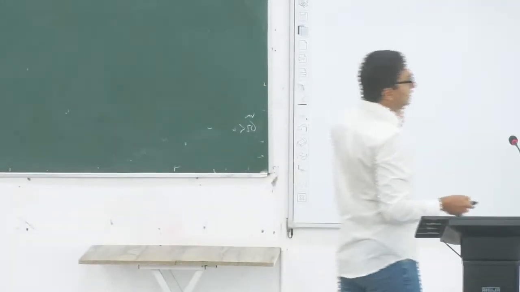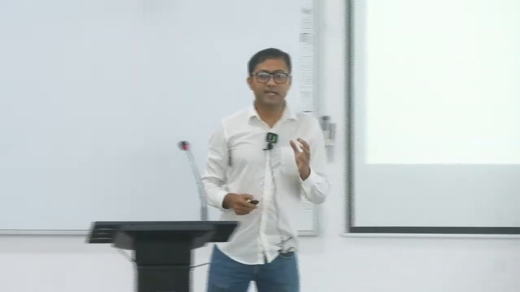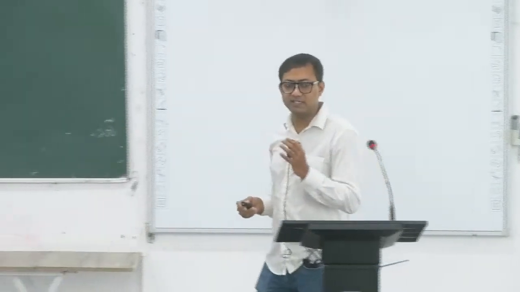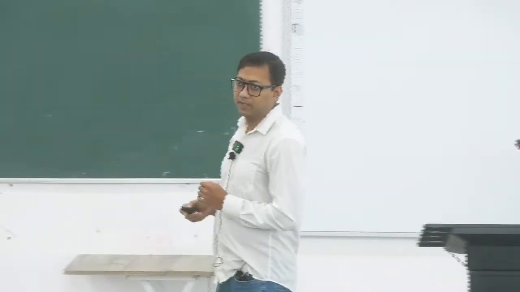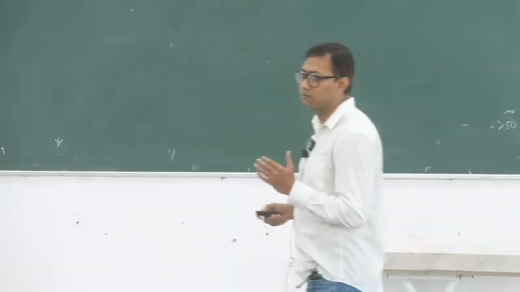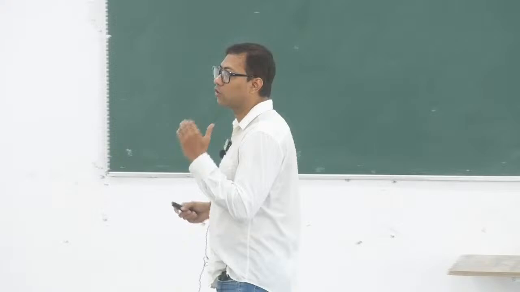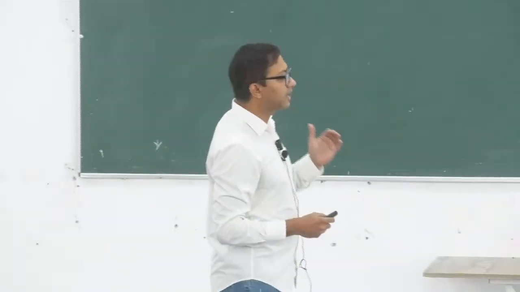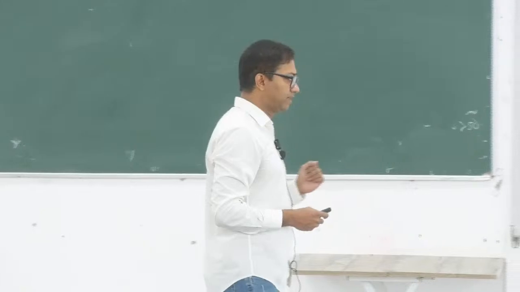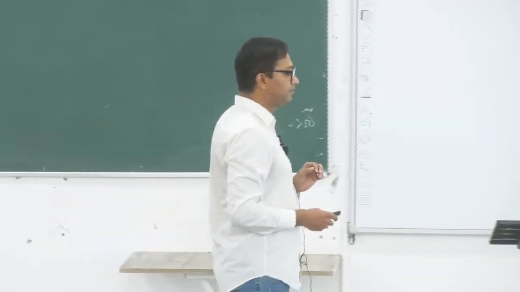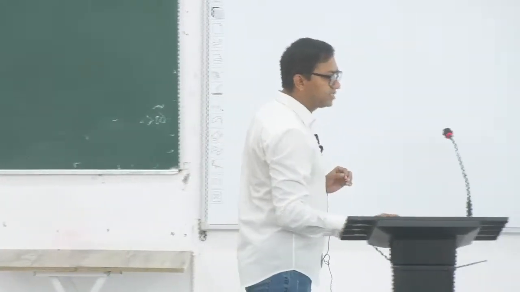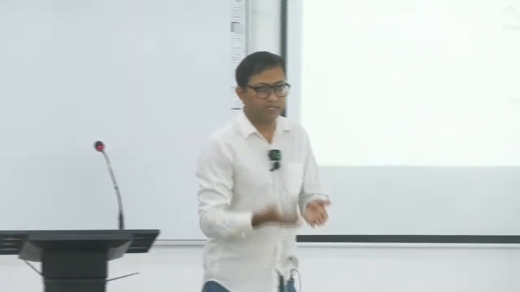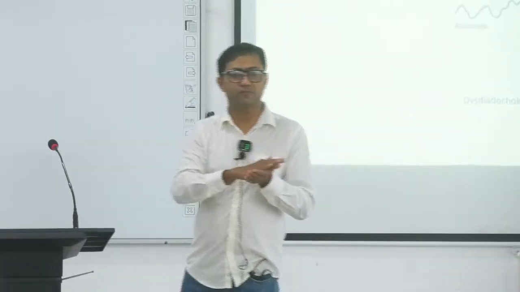Next point is called dysdiadochokinesia. You already know what dysdiadochokinesia is: inability to perform rapid and alternate movement. We have tested rapid alternate movement by simply doing pronation, supination.